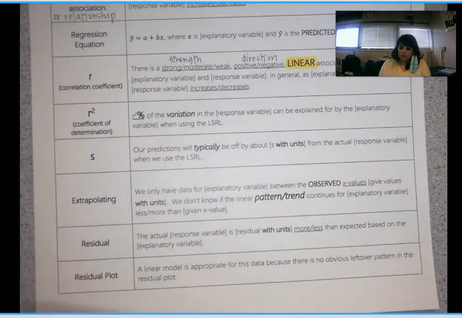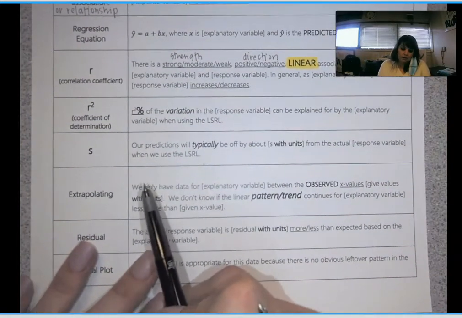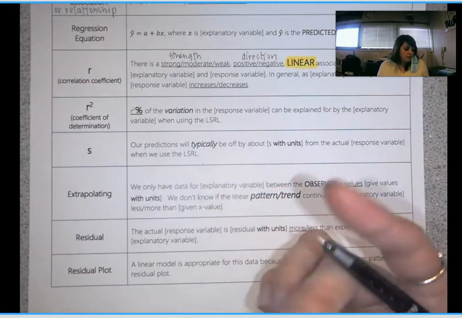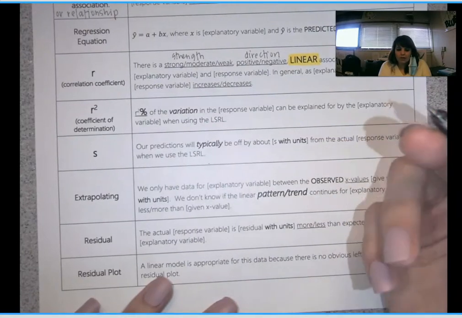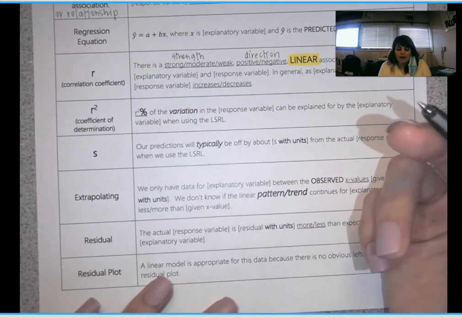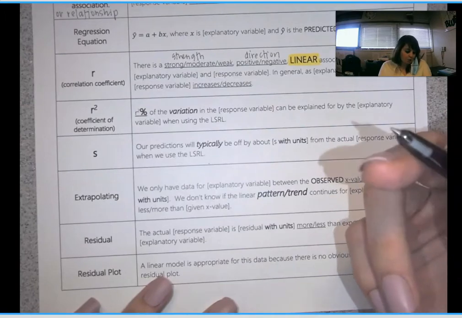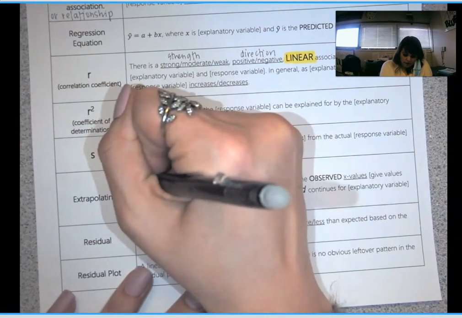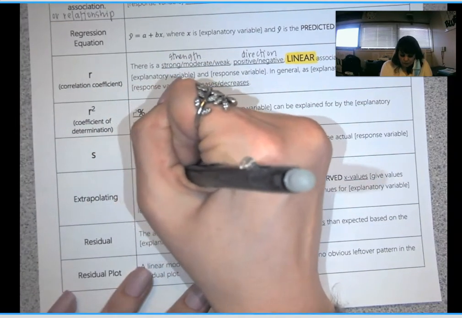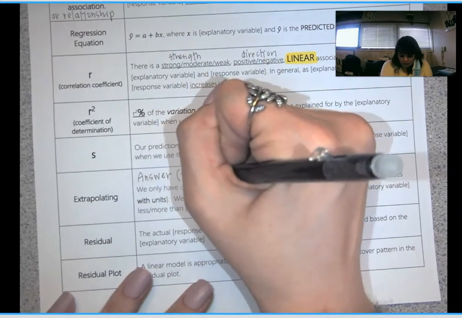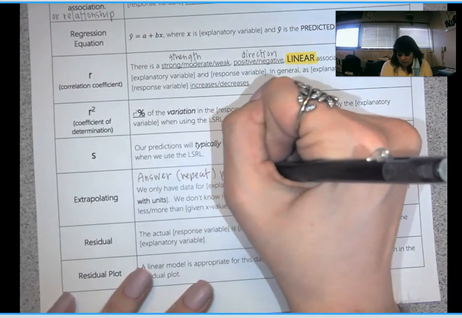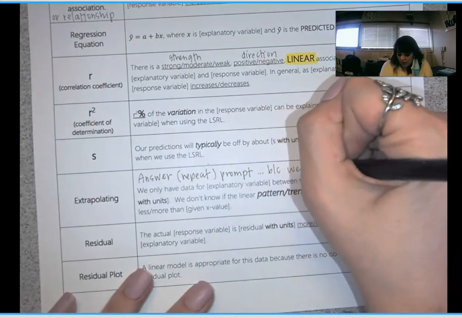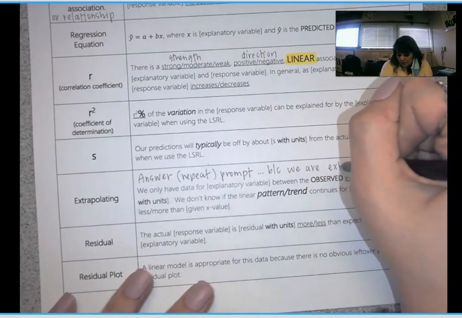So I left room on the top of this sentence frame or phrase to memorize because I wanted you to be able to write here something that would help you remember that it's not always going to be asked the same way. So for instance, you need to answer the prompt or repeat the prompt and then say, because we are extrapolating.